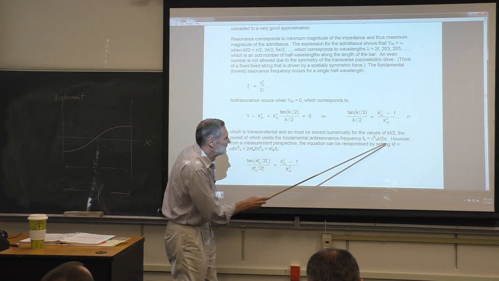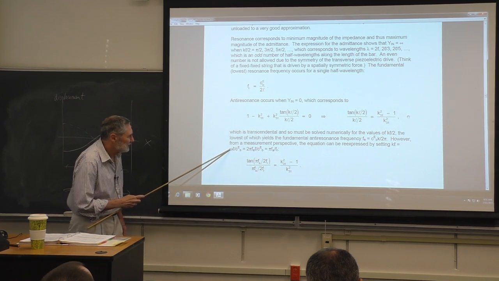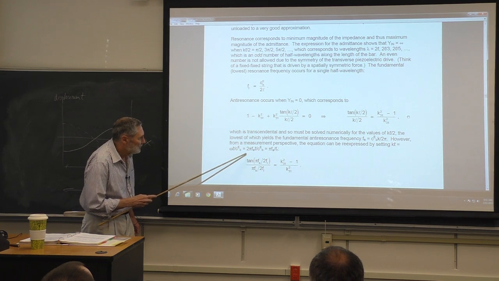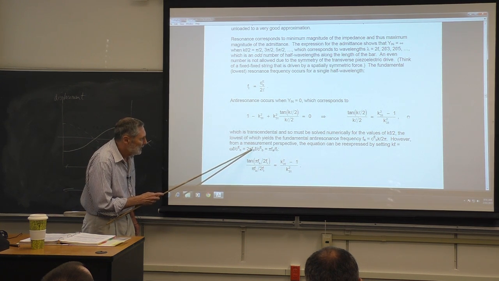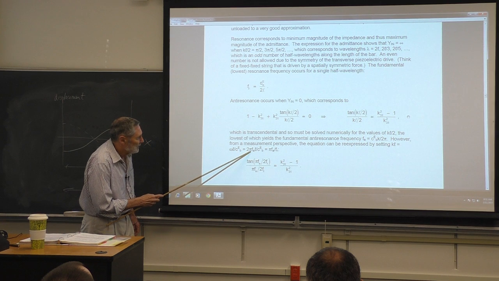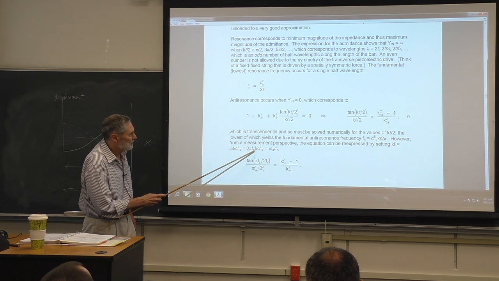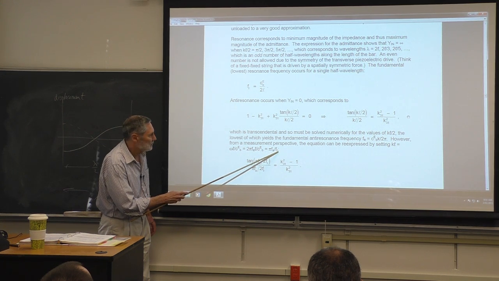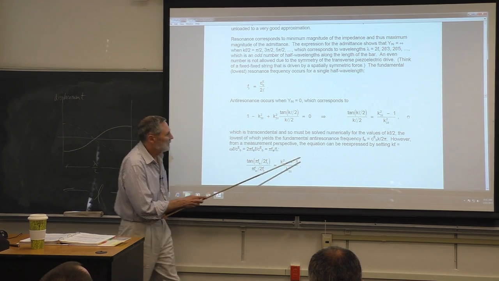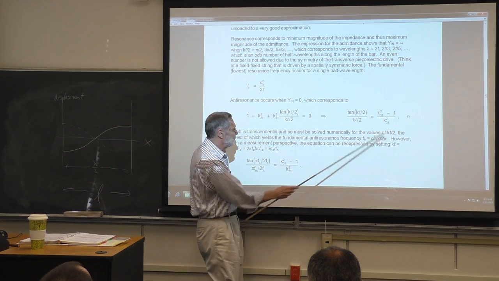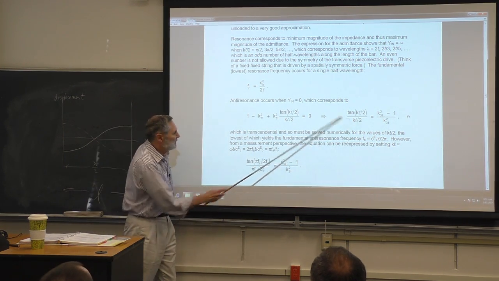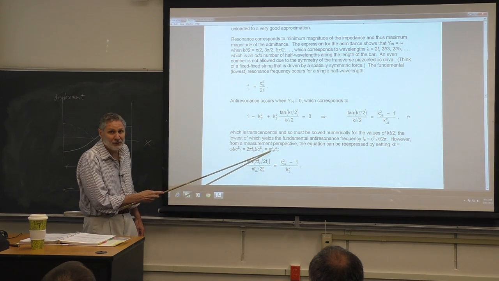You can express KL here in terms of frequency, and it involves the anti-resonant frequency. But you can lump all this other stuff together and put it as a ratio of the anti-resonant frequency to the resonant frequency. This may seem surprising, but this has to be dimensionless, so it's really not that surprising. So we can express KL in terms of this, and these are measured quantities.